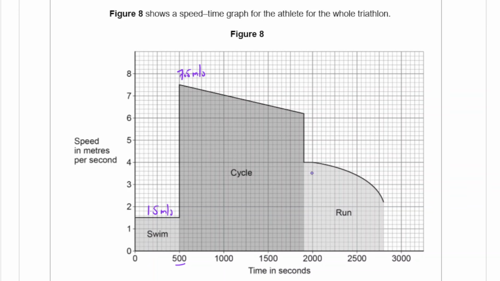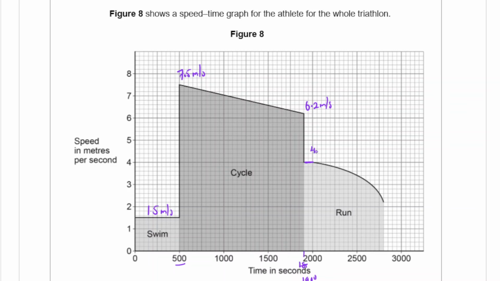And at the end, which is at 1,900 seconds, the speed has gone to 6.2 meters per second. Now this small line which is straight here, that's for about 100 seconds.